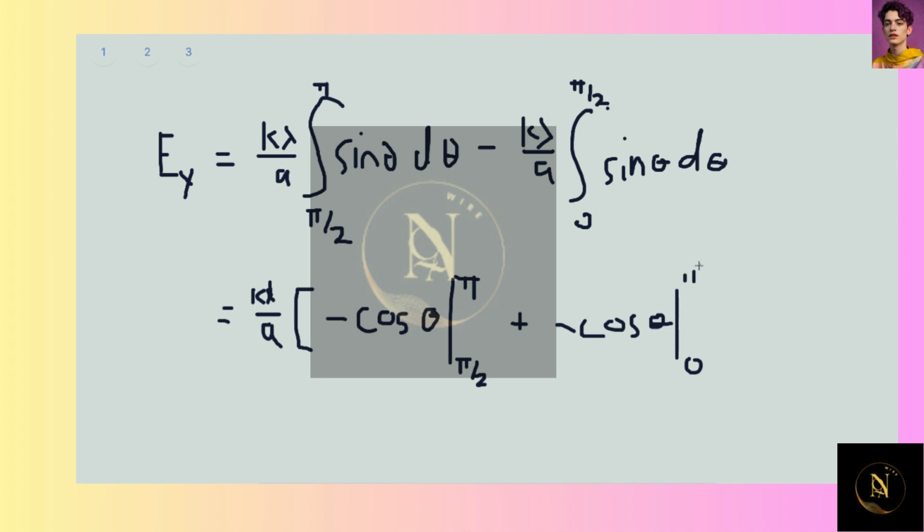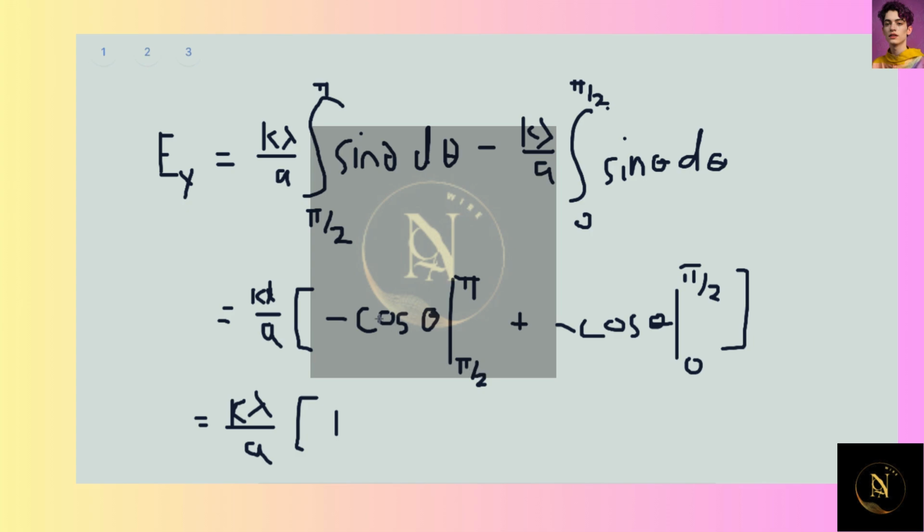0 pi over 2. Okay, so now let's do that again. That's real quick. We have k lambda over a. Just like I said before, so this is minus cosine of pi. That's going to be minus minus 1, so just a positive 1.